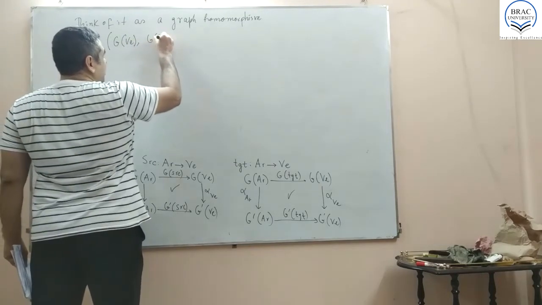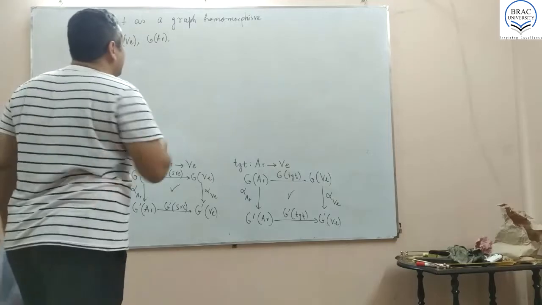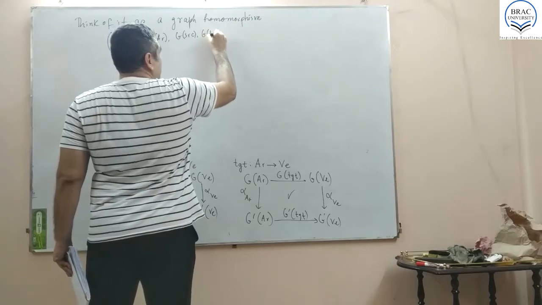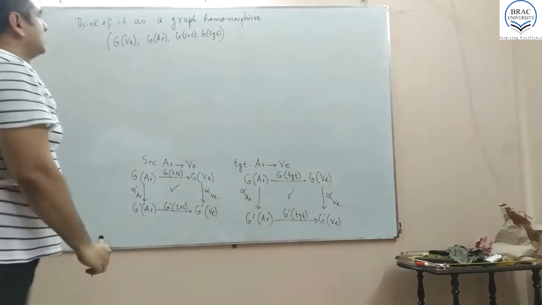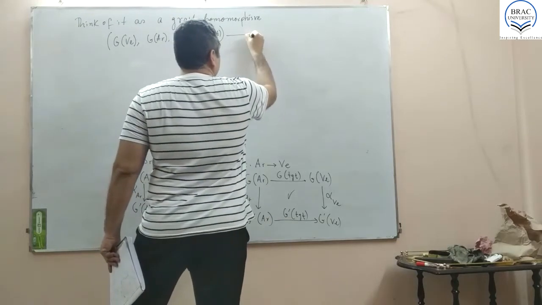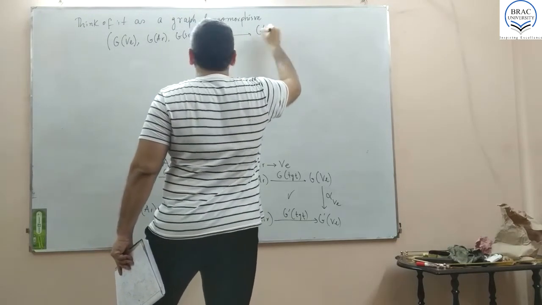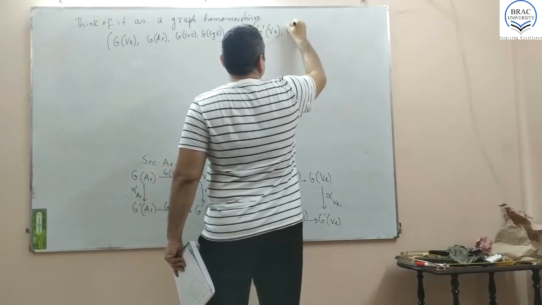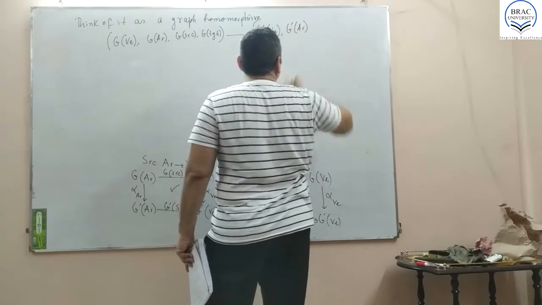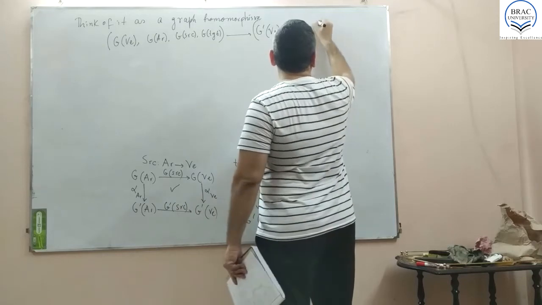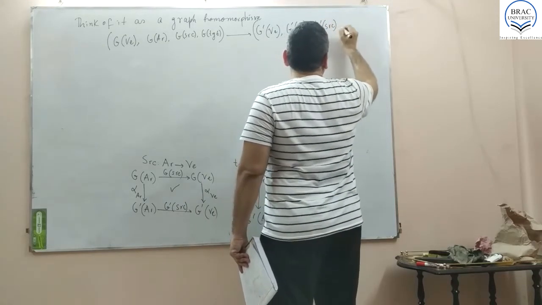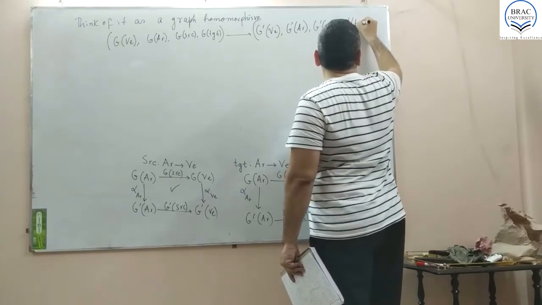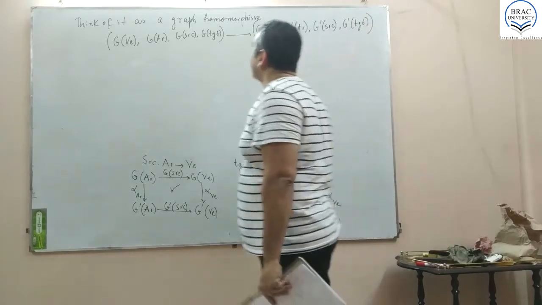G of AR is a set of arrows, and the source map and the target maps are G of SRC and G of TGT. So this is one graph. And what is the other graph? G prime of VE. There is another quadrature here. Then G prime of AR is a set of arrows in the second graph, and G prime of SRC is the source map in the second graph, and G prime of TGT is a target map in the second graph. Okay?